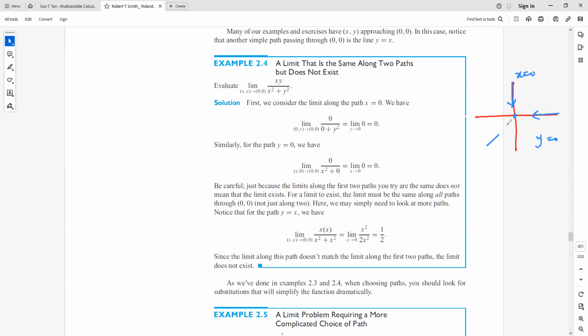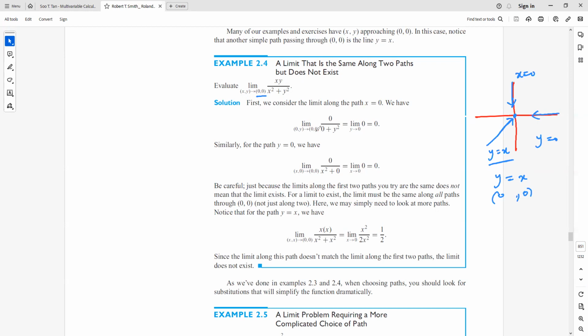We can approach from this path as well, where y equals x, because this also satisfies the limit (0, 0). If x is 0, then y is 0, so it satisfies.